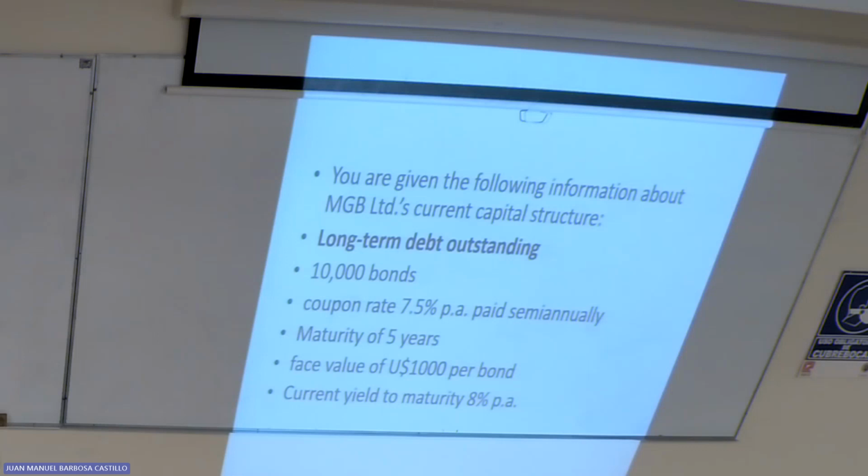The price of a bond equals the summation of the coupon rate divided by the yield to maturity, times how much? One. Coupon rate over yield to maturity? No, one plus yield to maturity. So the present value of the coupon.